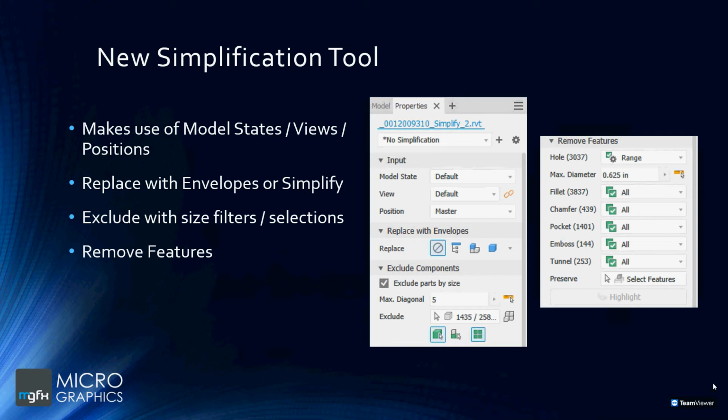And then lastly, the remove features option allows you to remove features. We've got a list there in the screenshot on the right-hand side. You can remove holes with a maximum diameter, fillets, chamfers, and so on. And so you can essentially de-feature your model and get just the basic kind of blocky look that is required inside of Revit.